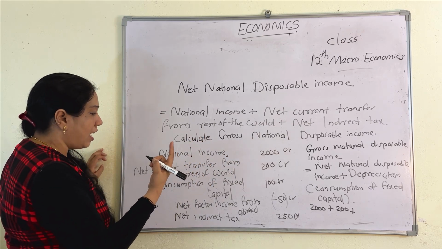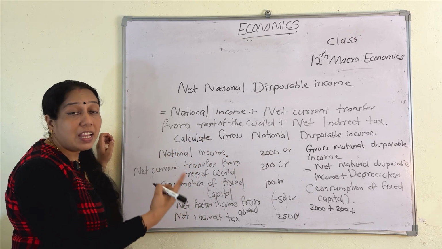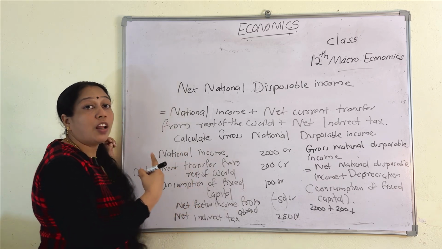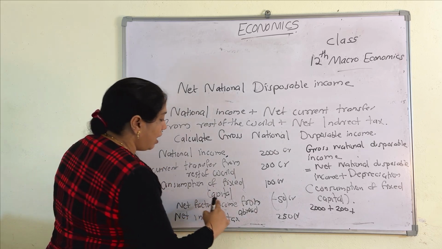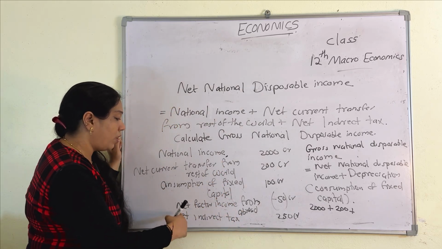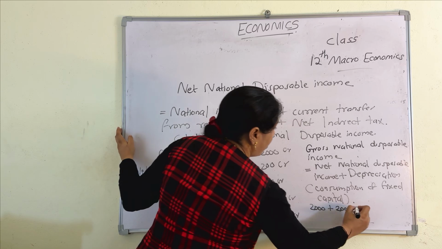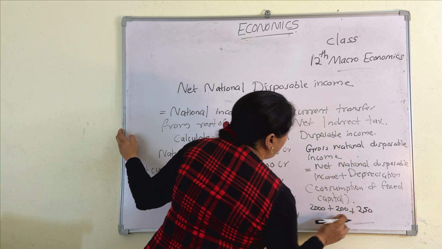Net indirect tax here is directly given. Sometimes they give indirect tax and subsidy separately. Then how to find out net indirect tax? Indirect tax minus subsidy. So net indirect tax here they directly gave: 250 crore. By adding you will get what?